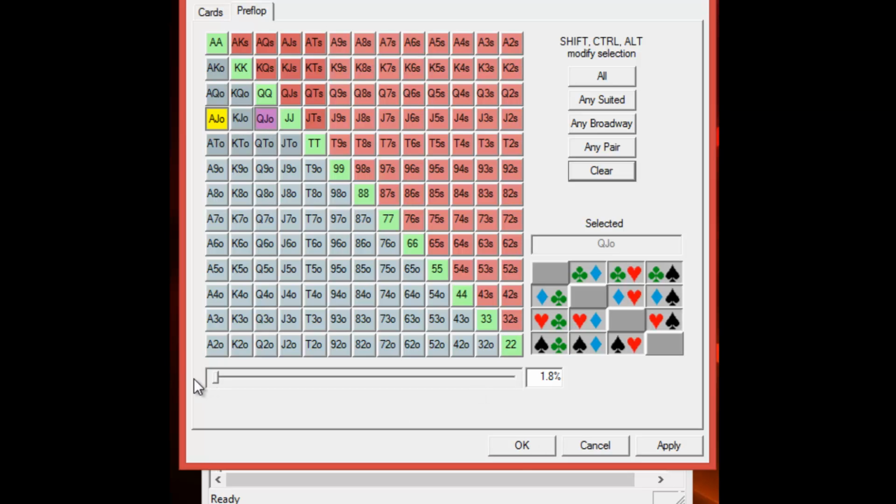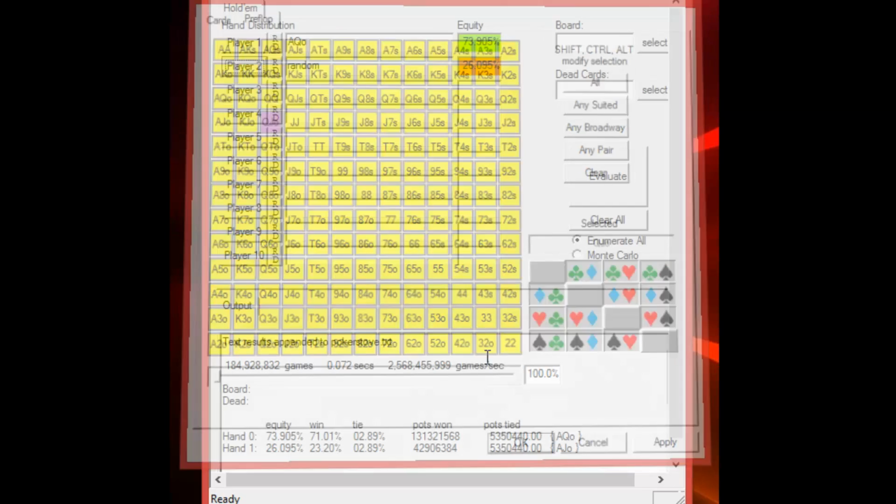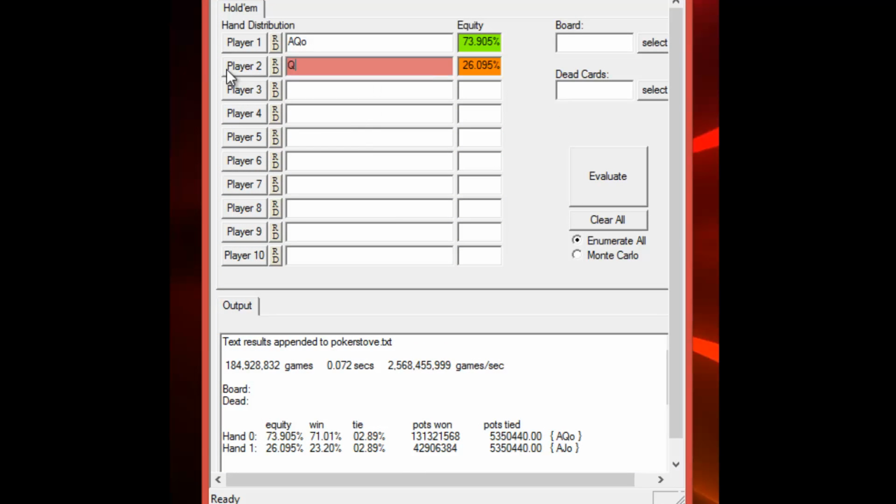It's a really important piece of software to help you analyze ranges and determine how good your hand is against ranges. It's a little too clumsy to be used live at the table, but you should be using it off the table to identify what decisions you made right so that going forward you can make better decisions.